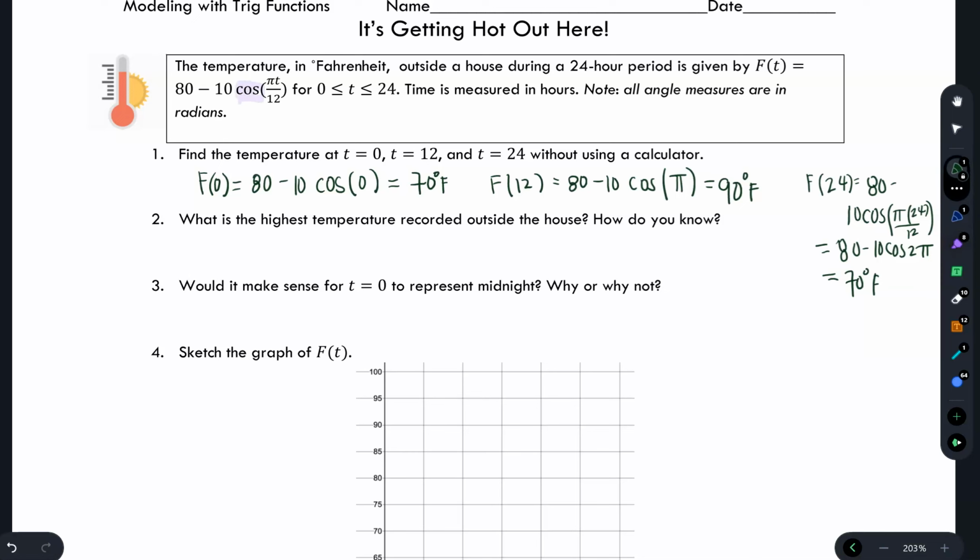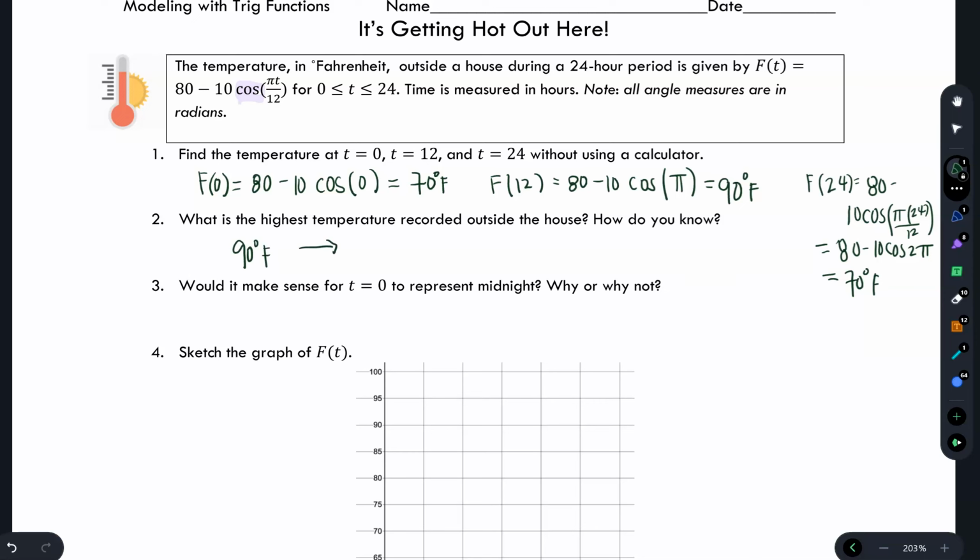Okay. What is the highest temperature recorded outside the house? And how do I know? So what is it going to be? So it's going to be 90 degrees.